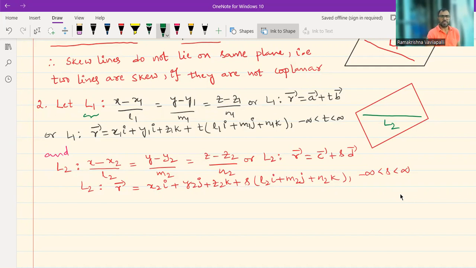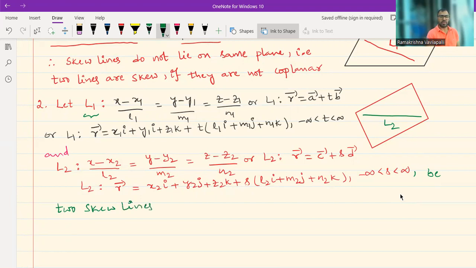And L2 is another line, (x minus x2) by l2 equal to (y minus y2) by m2 equal to (z minus z2) by n2. This line passes through (x2, y2, z2) and is parallel to the vector l2 i plus m2 j plus n2 k. So we assume these to be two skew lines. How do we check whether the given lines are skew or not?